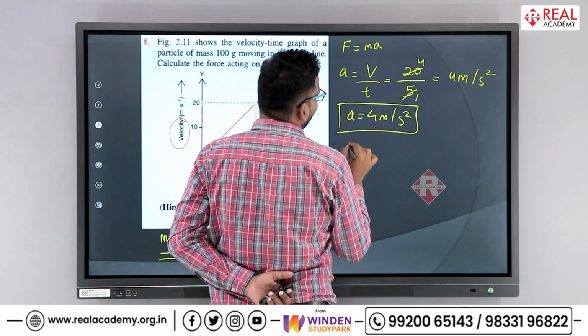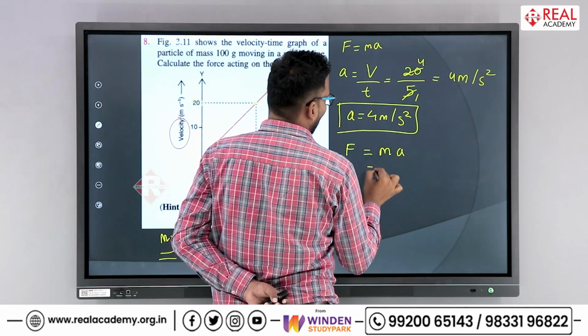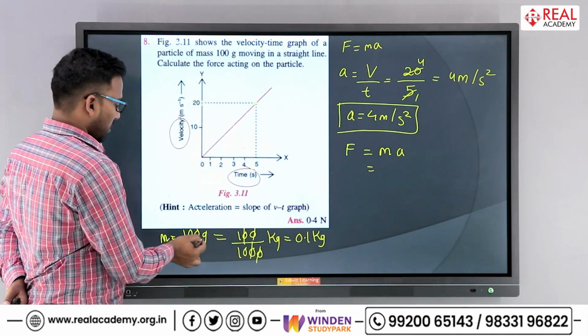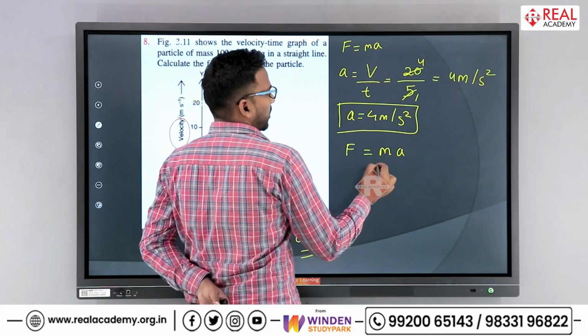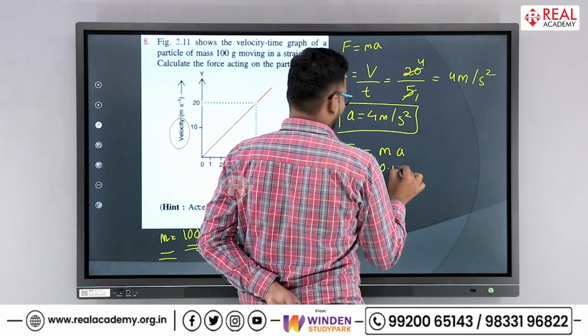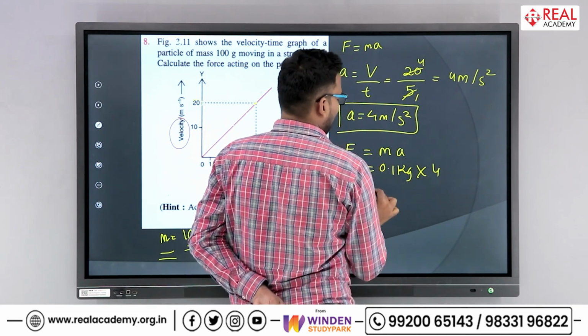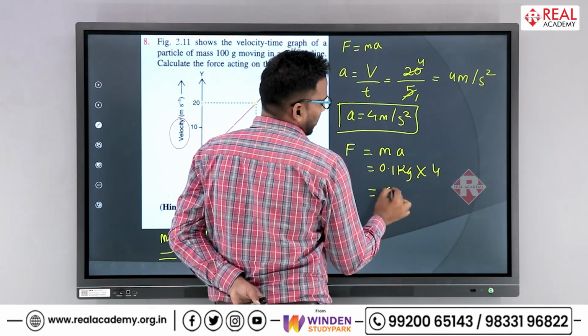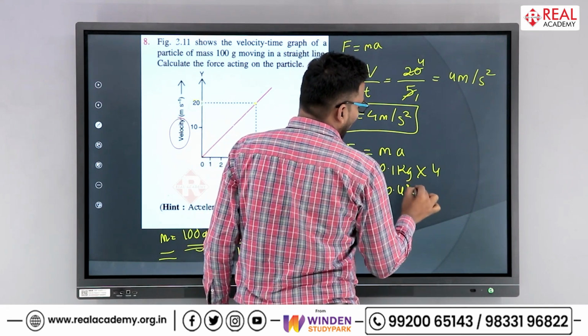Then what about force? Force is mass into acceleration. The mass over here is 100 gram, and we have converted it into kg, that is 0.1. So this is 0.1 kg into 4. How much will it result as? 0.4 Newton.